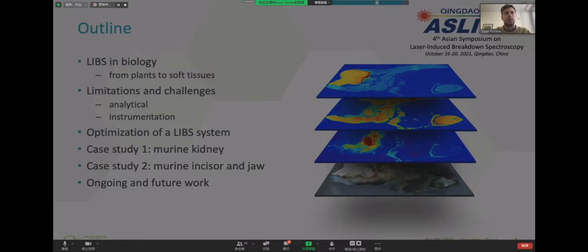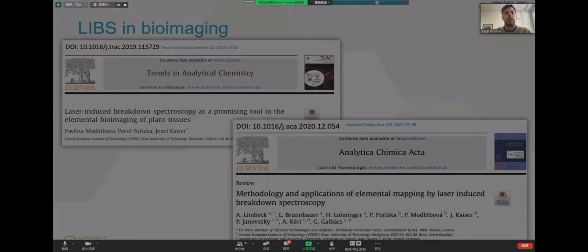I will just mention some issues that need to be tackled when speaking about elemental imaging in biology, some limitations and challenges. I will also show some optimization of a LIBS system, and then I will mention some case studies on soft and hard tissues and some future work that we are working on.